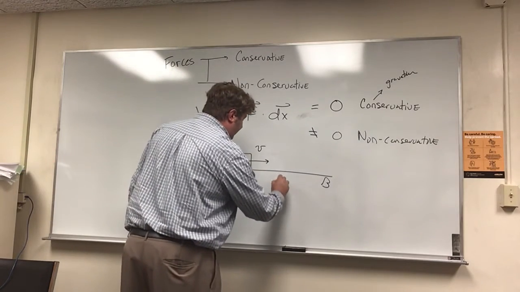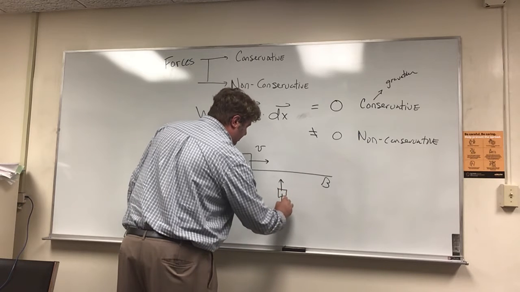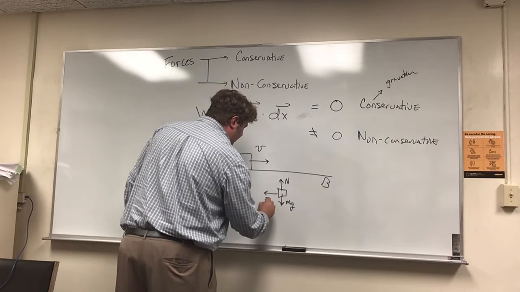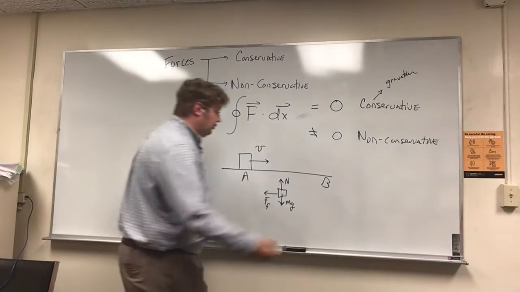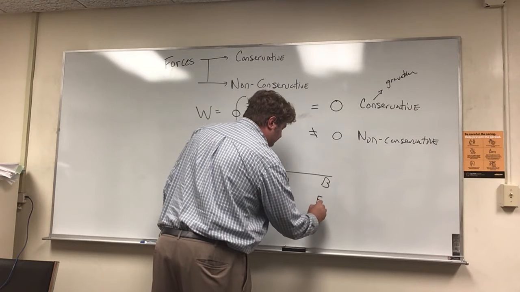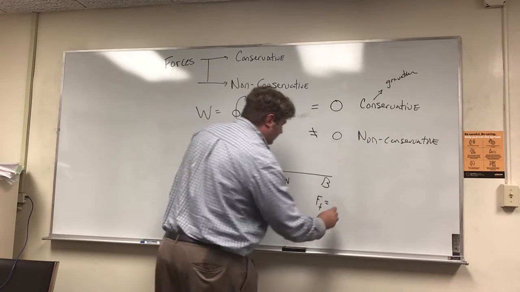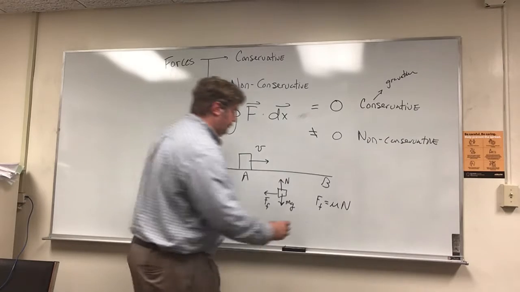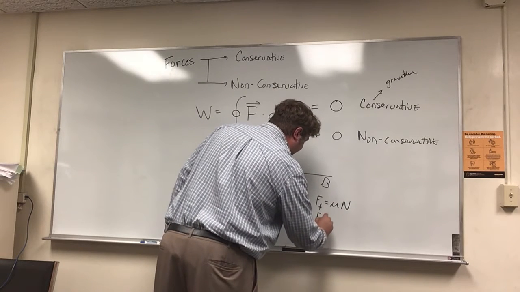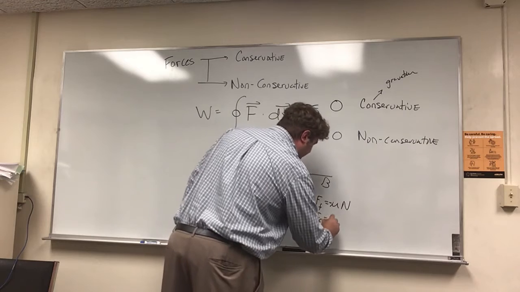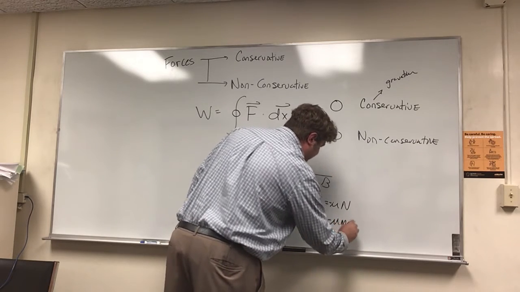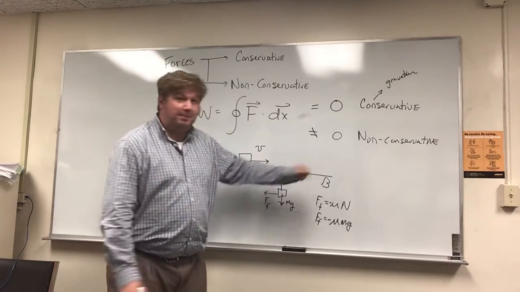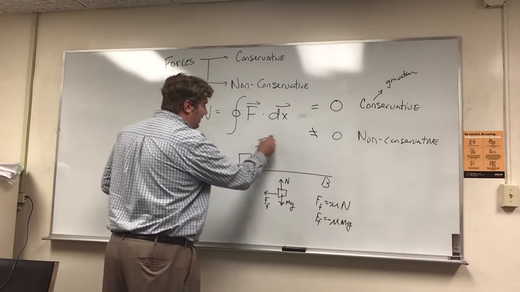So if I draw the free body diagram, you have your mg, your normal force, and then your frictional force. The frictional force is just mu k times the normal force. Here the normal force is just the gravitational force, so the frictional force is, of course, minus mu k mg.